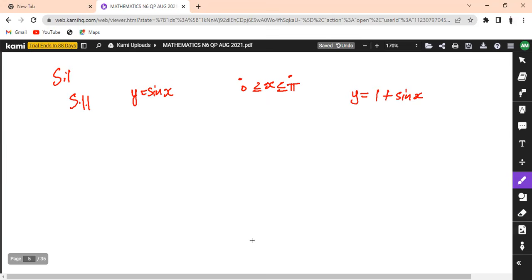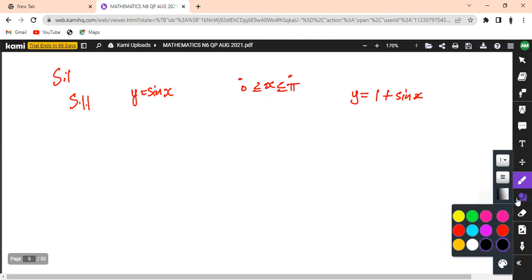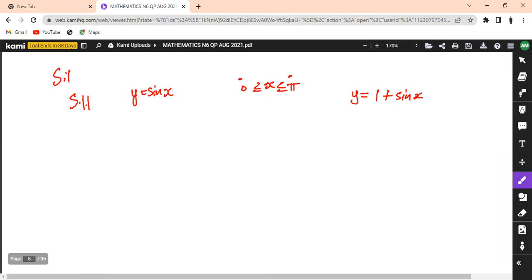Okay, so as we know, the graph of sine x is like this. I just want to indicate the whole of sine x so that we can take just a smaller piece from there. We know that we have got something of this nature here.